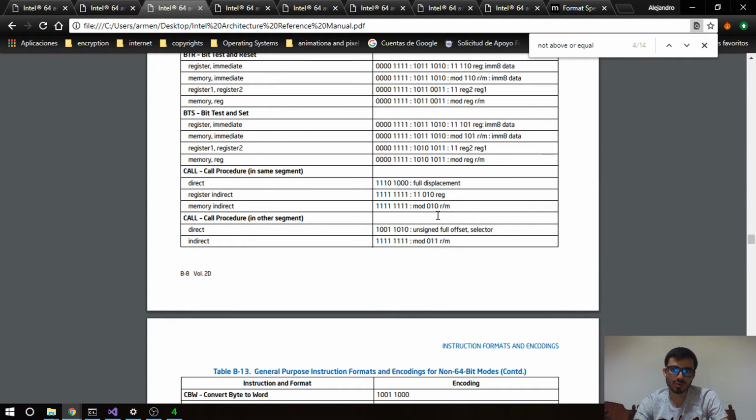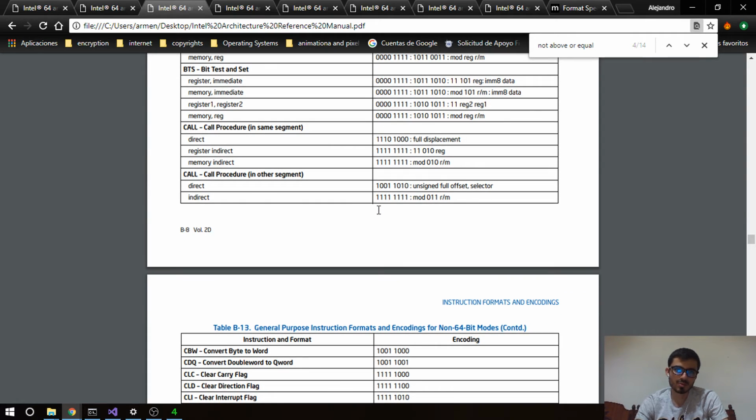For example, the call one, in this case it's a new call. The signature for it is this thing and a full displacement. We have a register or a memory, and this is the memory. It's pretty simple. We have a call that's a far call. We have a different encoding for the direct one, and we have the selector and the offset.